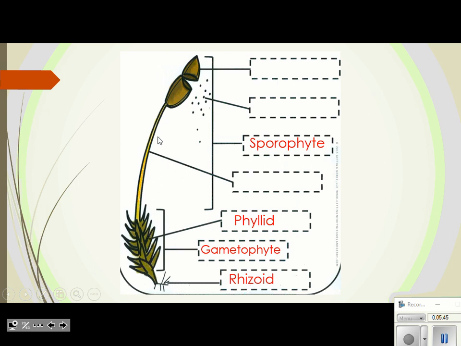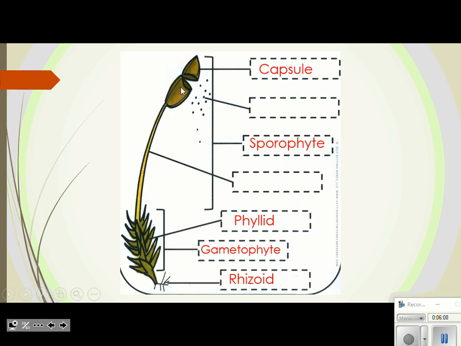Now let's look up here at the sporophyte. We're going to talk about this top part, which is the capsule. When Jillian told us about the sporophyte stage, she said something about a sporangia, right?